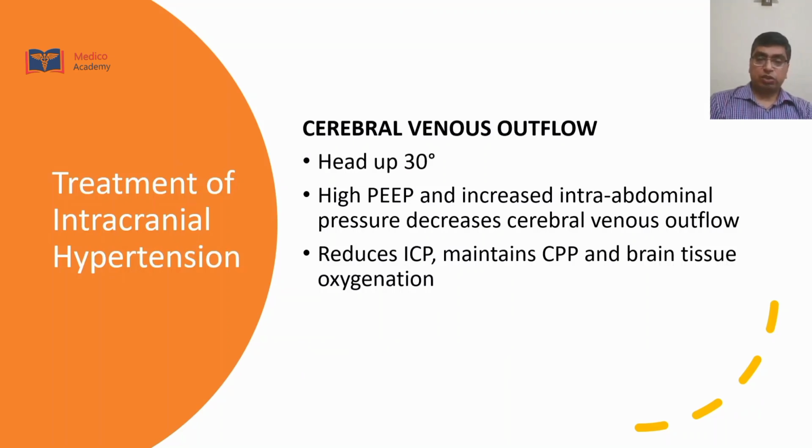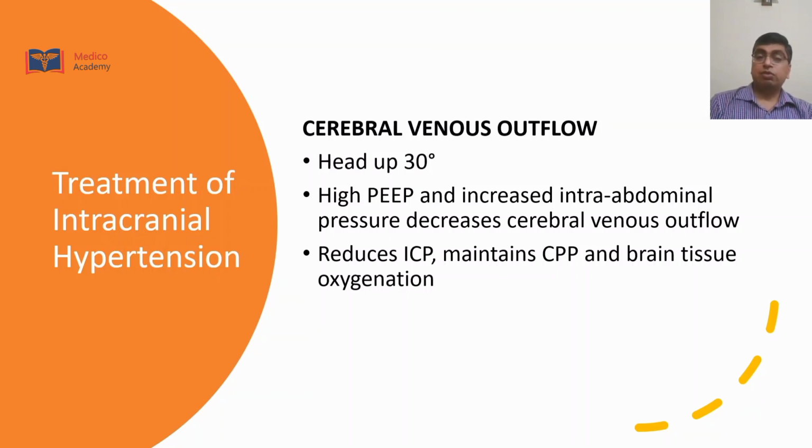Once we have diagnosed that the patient has intracranial hypertension, the next thing is how to treat it. First thing is to increase the cerebral venous outflow. As we know, brain tissue, blood and CSF maintain a certain intracranial pressure.